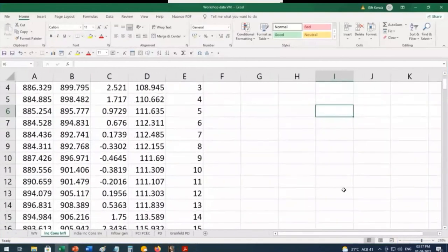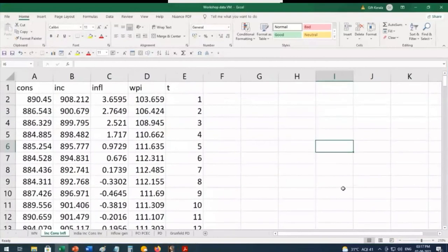Okay, this is a time series data set. T is given 1, 2, 3, 4, 5. Maybe starting from 1960 January, we get monthly data. We have the variable consumption, then income and inflation. And this is the wholesale price index. The inflation is calculated from the wholesale price index like this.